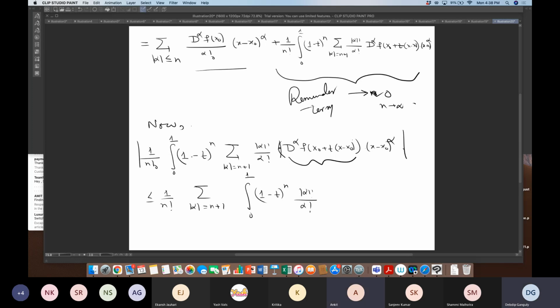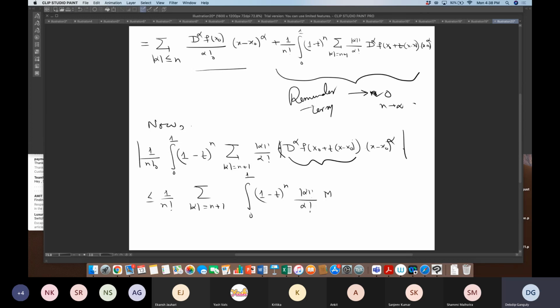In the above expression, the modulus of d alpha f of x naught plus t of x minus x naught. If I use it, because this point is sitting inside the compact set, yes or no? X naught plus t of x minus x naught is sitting inside the compact set.